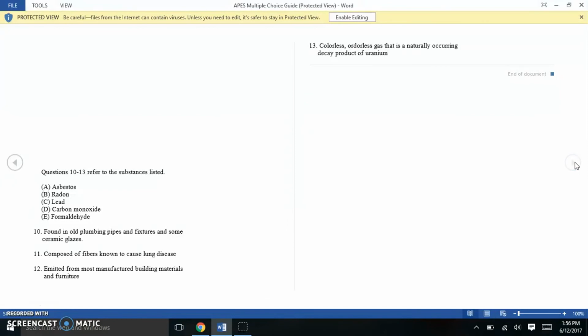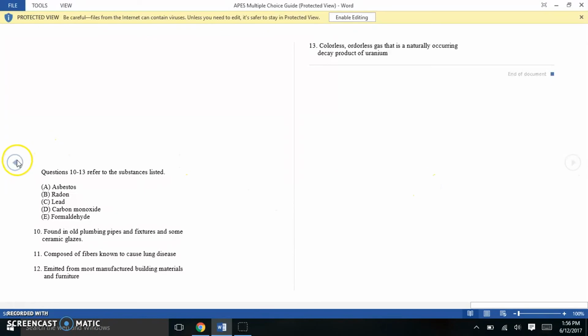We see asbestos, radon, lead, carbon monoxide, and formaldehyde listed, and then they have the questions below. You would choose from the above for answers 10, 11, 12, and 13. Sometimes those answers may be used more than once. So you have to be on your toes, reading the question and understanding which one is the best answer.